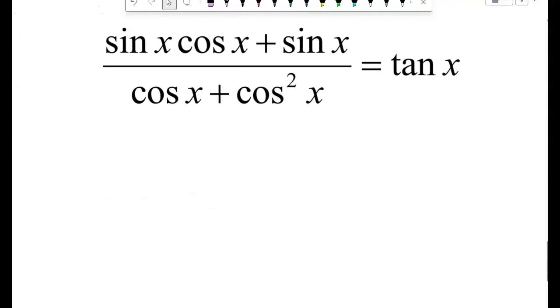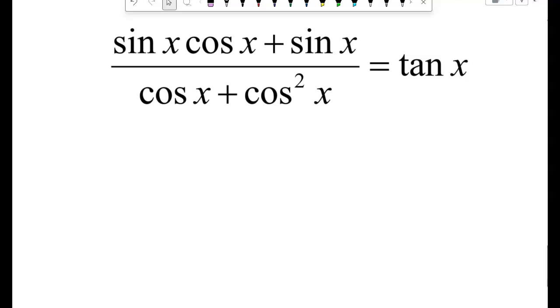Okay, now, when you're stuck, what is a skill that we used up above that we haven't used tons of yet? If you're stuck, look for factoring. Because changing everything to sine or cosine just went out the window, right? On this one, because it's already done. So think factoring. On this one, look at the numerator. Is there anything I can do?